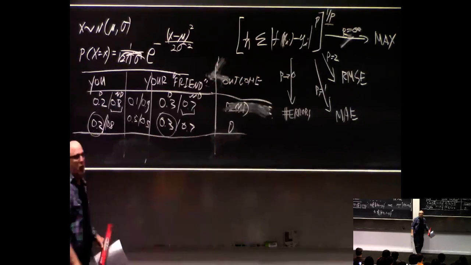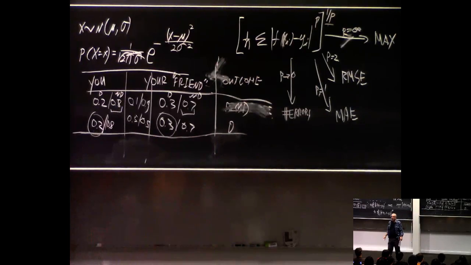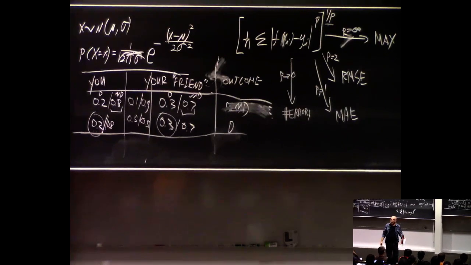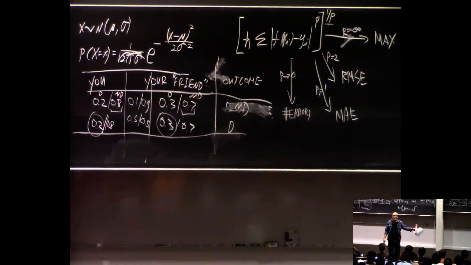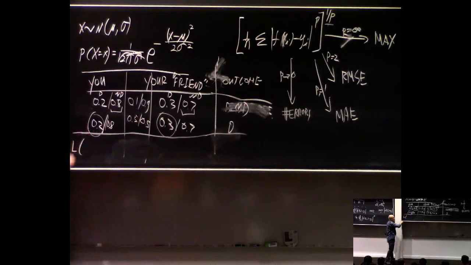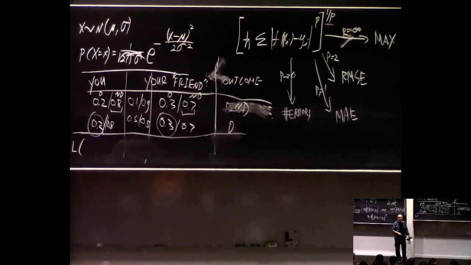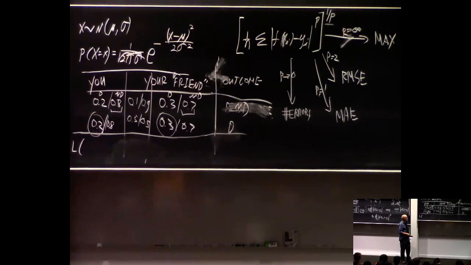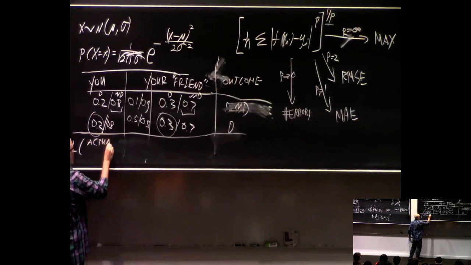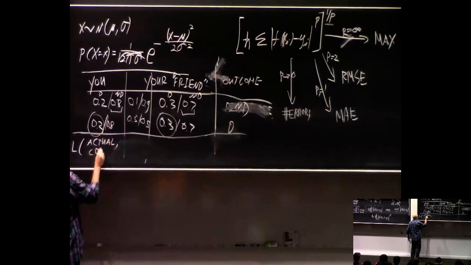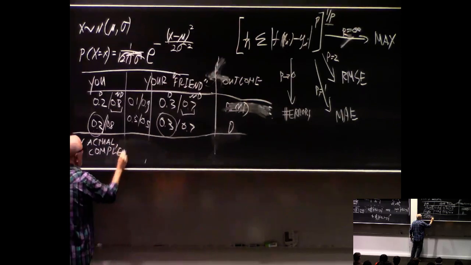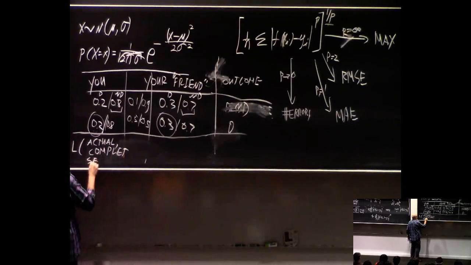What you're saying is focus on the likelihood that I assigned to the entire sequence of outcomes and compare it to the likelihood that my friend assigns to the entire sequence of outcomes. The likelihood that my probability estimates apply to the actual complete set of outcomes.